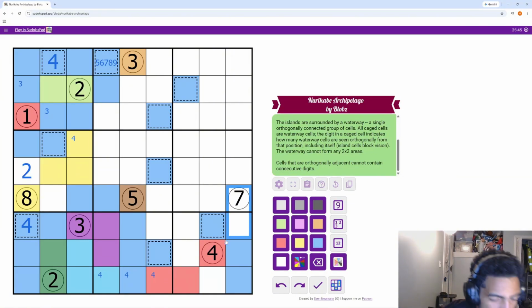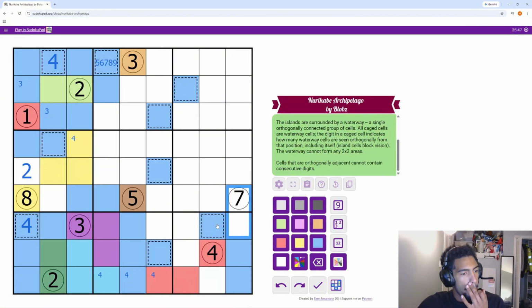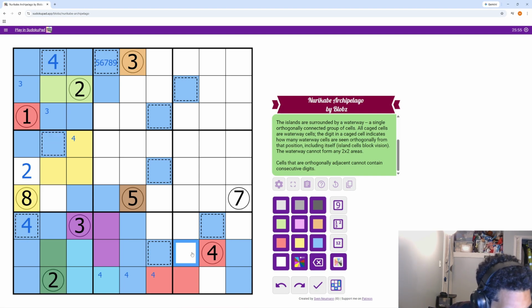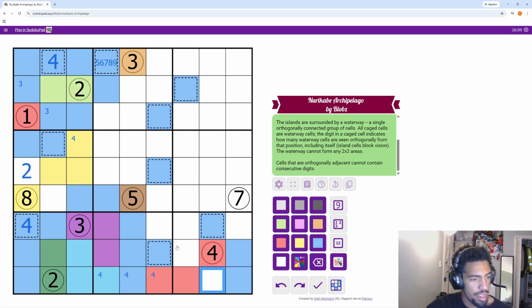Now the 7 can go down there. Okay. I see something with this cell, but let me try and see if I can resolve this red. If I made that red, this would be blue. And then I would need... yeah, okay. So I don't think that's immediately jumping out to me.